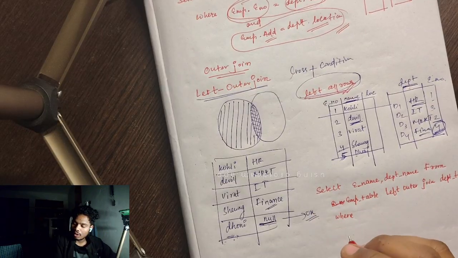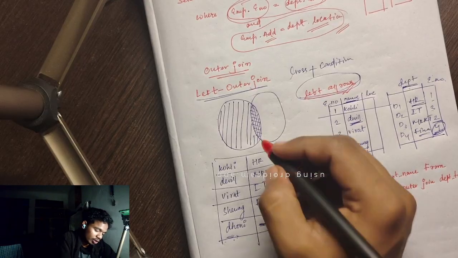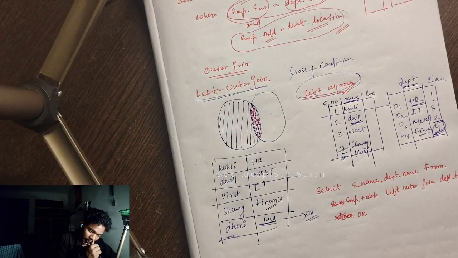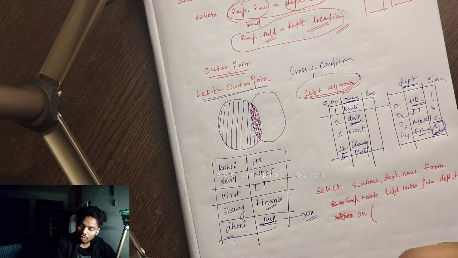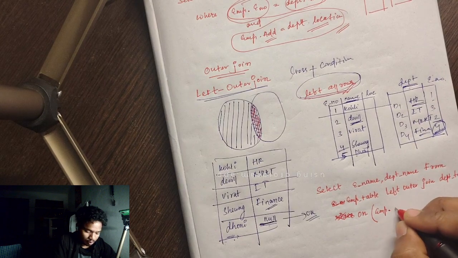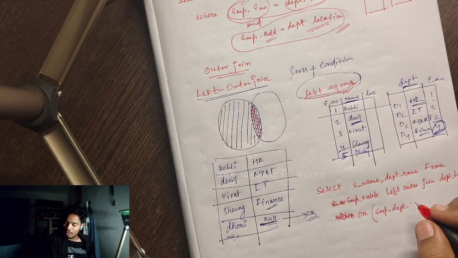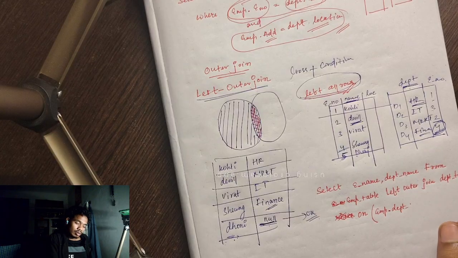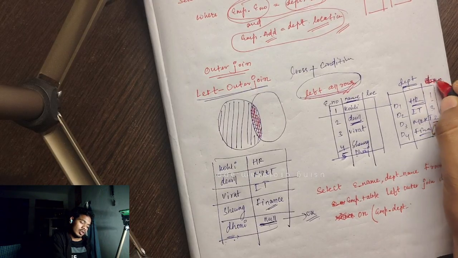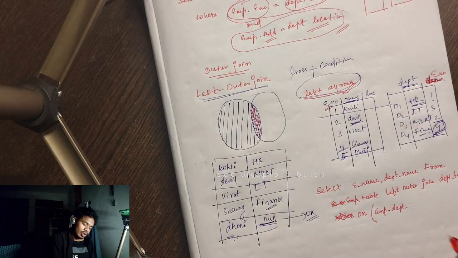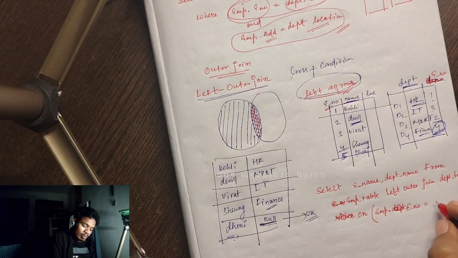Here we have to write something like ON, joining them with their primary and foreign keys. On employee department number, we take the department number from employee, and employee number is equal to employee number from department.